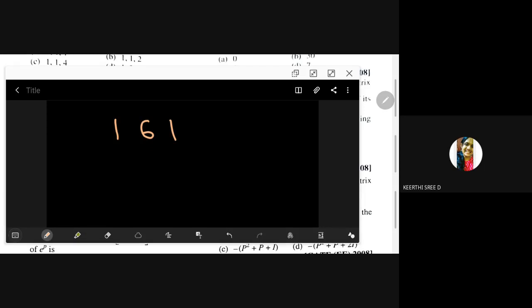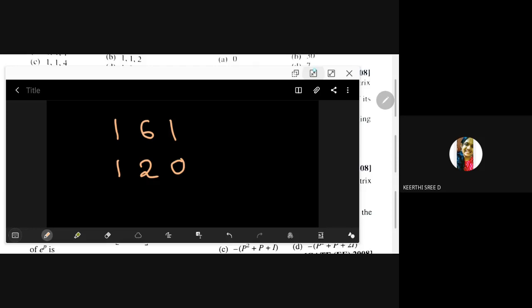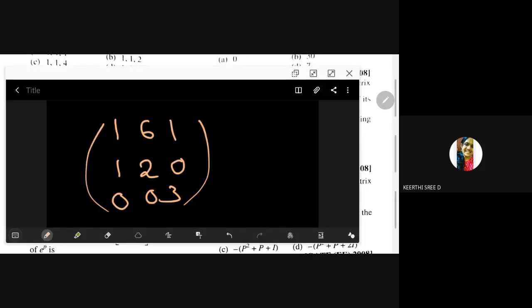What is that eigenvalue? The matrix is 1 6 1, 1 2 0, 0 0 3. Right. So this is your A. It is very easy, in fact.